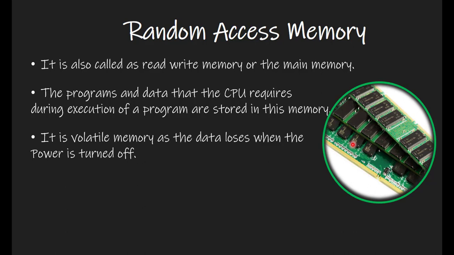And RAM is a volatile memory. What do we mean by volatile? Volatile means that the content of the RAM will get lost as soon as the power is turned off. So the data in RAM remains only while there is power. As soon as the power is turned off, the data will be lost.